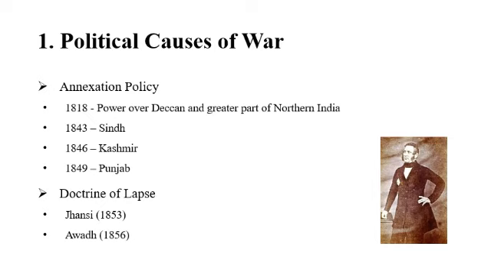All those Indians who had no son, no heir, no successor, their land would automatically belong to the British Empire. For example, Jhansi was annexed by the British under the Doctrine of Lapse in 1853, and the same was the case in 1856.